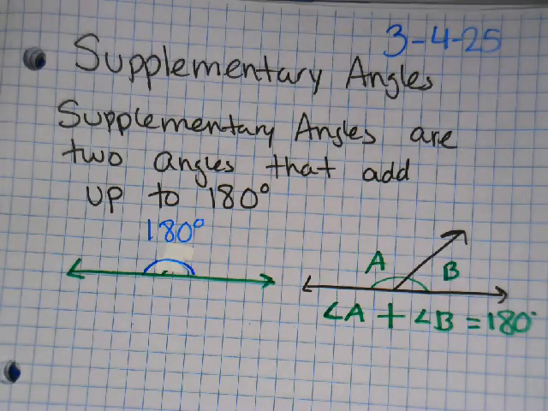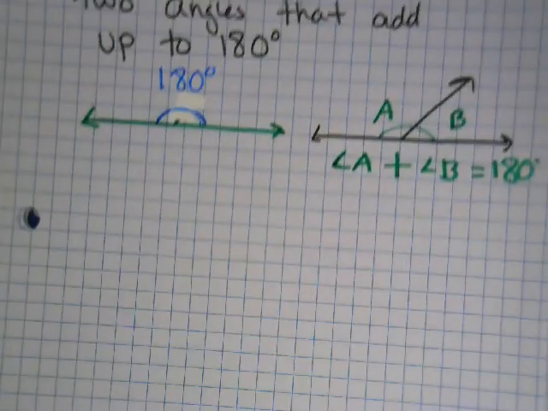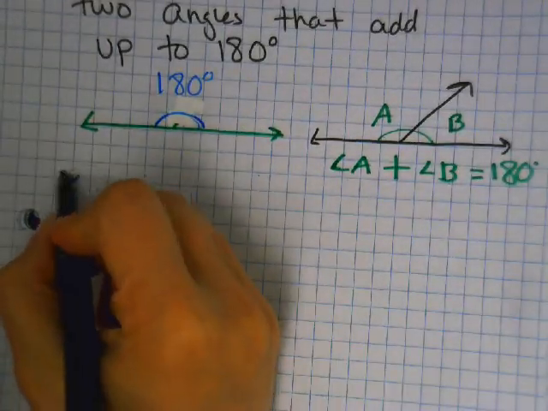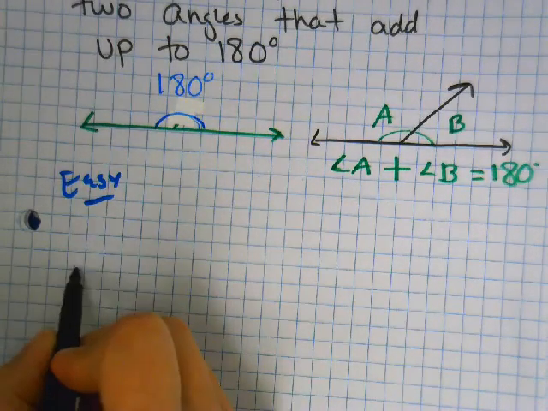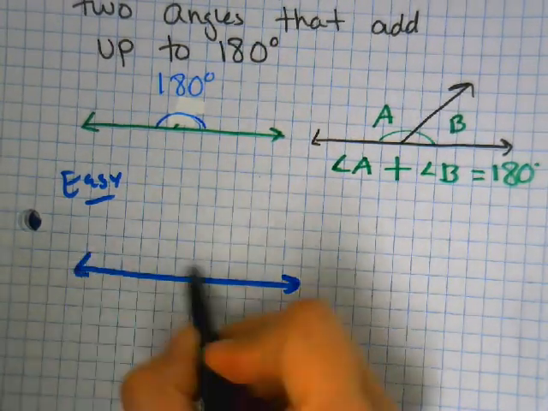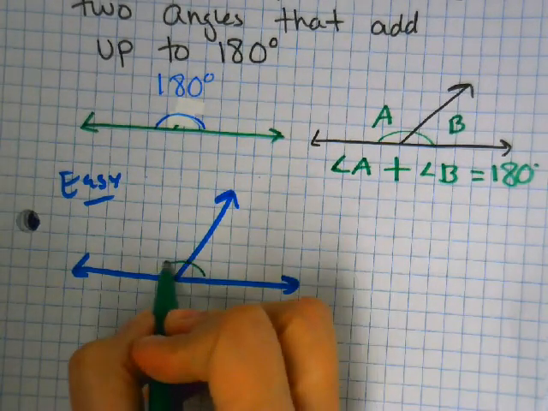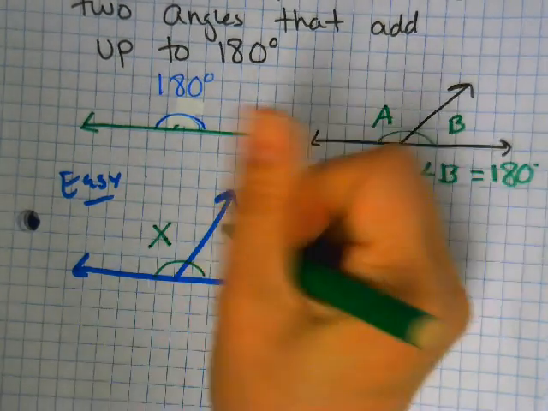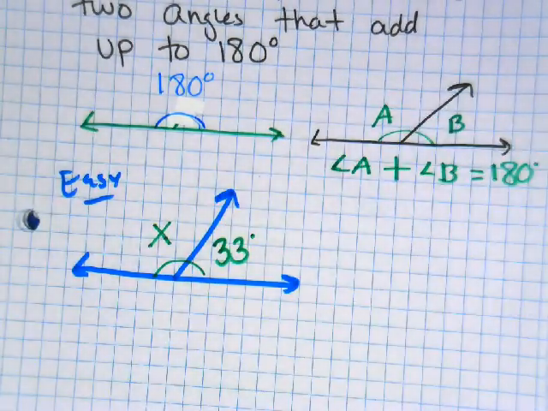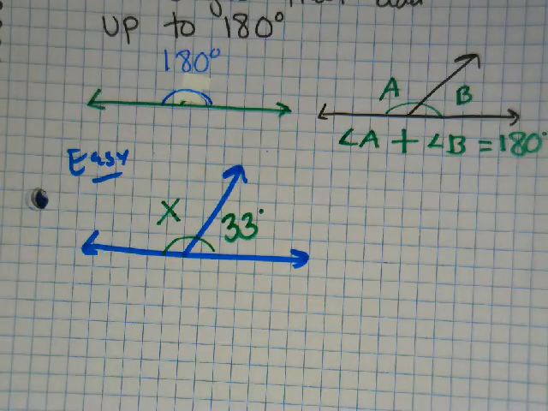Okay, we're good? Okay. So let's do a super easy one. X and 33 degrees. In a couple of days, I'm going to ask you, does it look supplementary or does it look complementary?